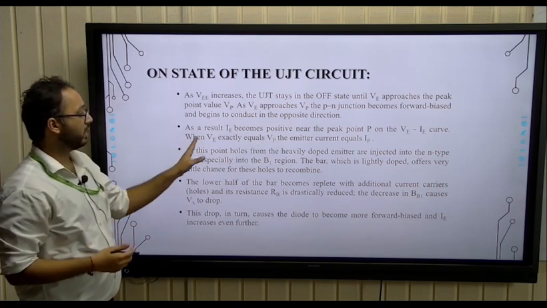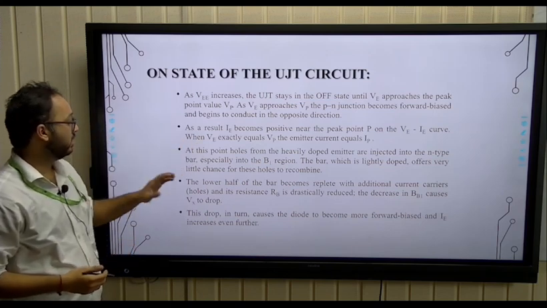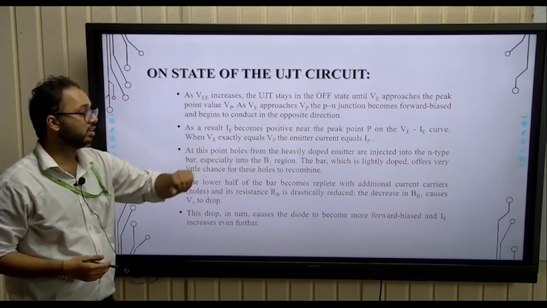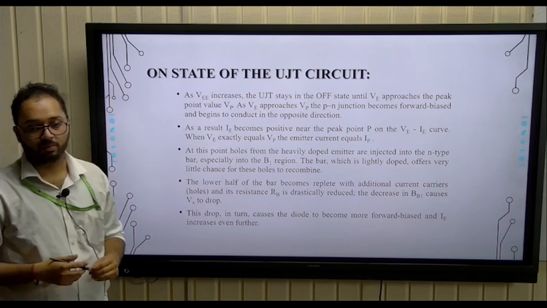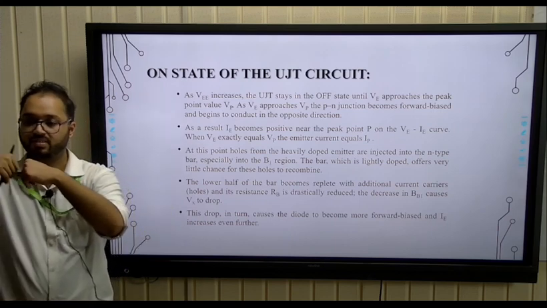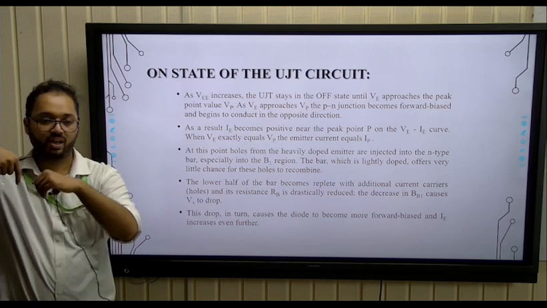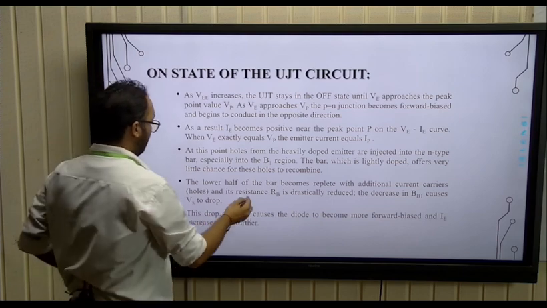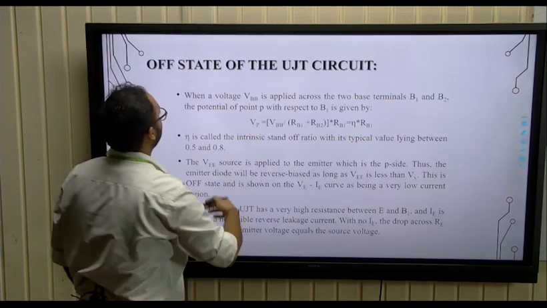And when we are applying IE in the positive nature, then the curve starts when VE is exactly equal to VP and the emitter current equals IP. When I have applied VE more than this, the current flowing becomes equal to IP, and after that it becomes conducting.